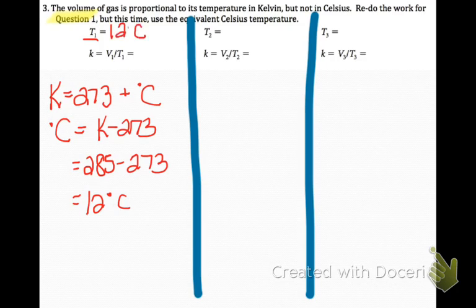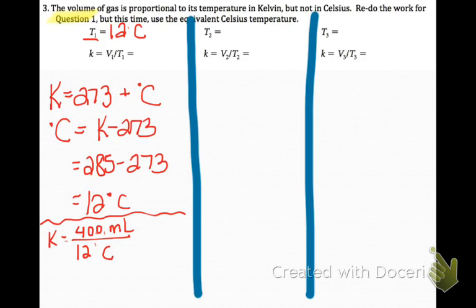Now I want to figure out what my K is. So my K is equal to V1 over T1. I have my V1 and my T1, so K is equal to, going back to question number 1, my V1 is 400 milliliters over my T1, which in this case I'm going to try out in Celsius just to see what happens.